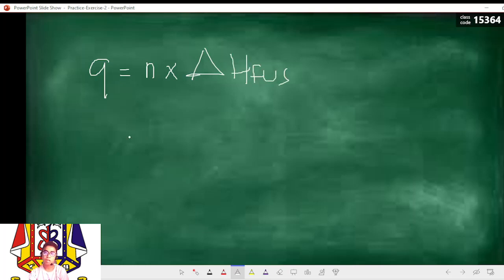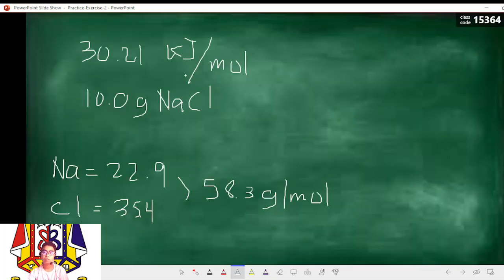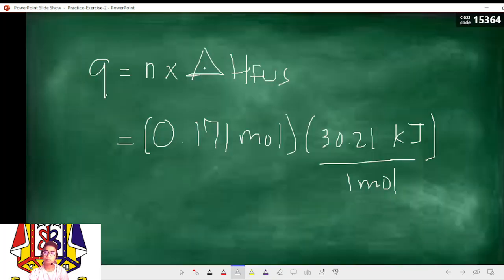Our number of moles is 0.171 mole of sodium chloride times 30.21 kilojoule per 1 mole. Where did the 1 mole come from? Remember, our given is 30.21 kilojoule per mole, which is per 1 mole, so that the unit of mole cancels out.